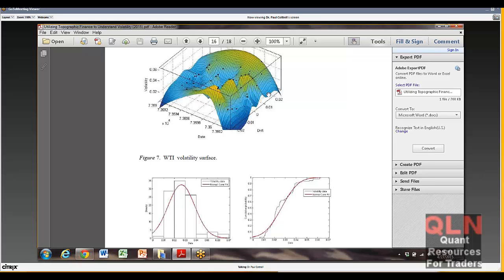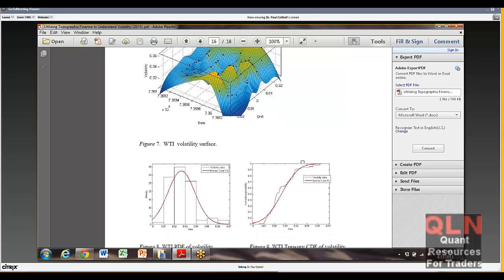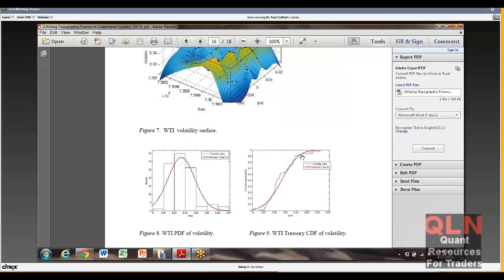Volatility is somewhat lower relative to the peak, but the way the extrapolation of the surface is, you can see that volatility is going to start to stay low for a little while. And I think that's what we're experiencing now in the oil market.